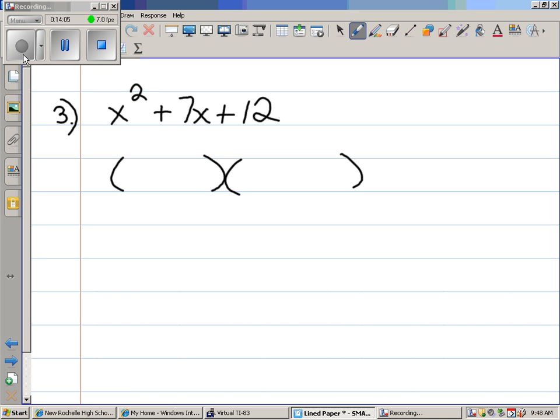You have to find 2 things that multiply to be this one and add to be the 7. So we're going to put an x in front. Give me 2 numbers that do that. 4 and 3. That's how that one works. That's that one. So there we go.